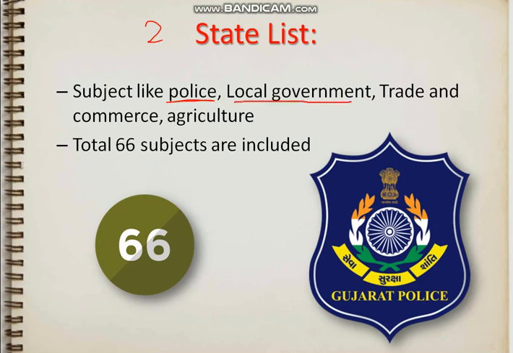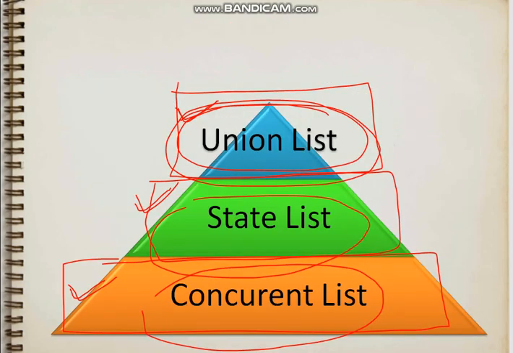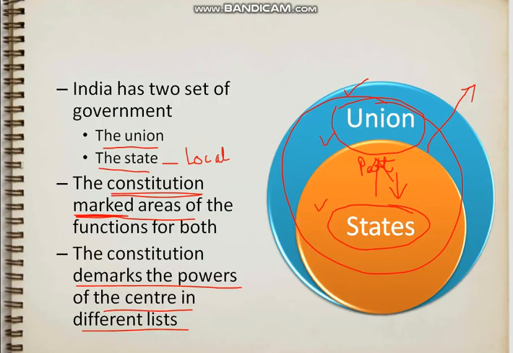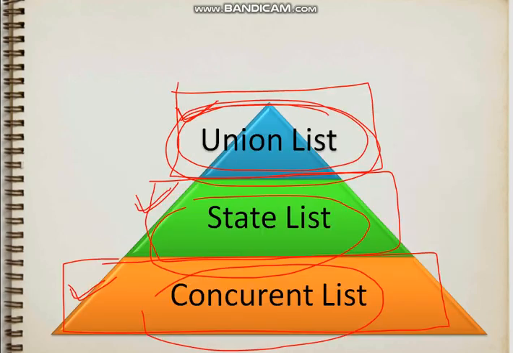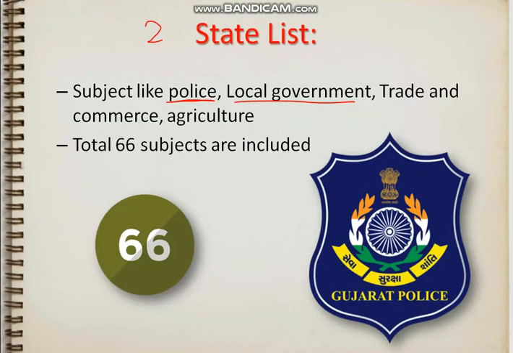Okay, local government, as I had already mentioned to you, if you remember, the local government will come under the state, right? So rules related to local government are also formulated by the state. Then the trade and commerce of that particular state is also decided by the state.